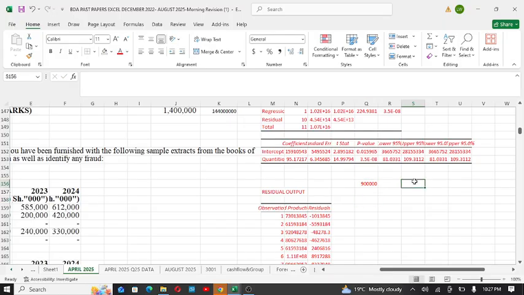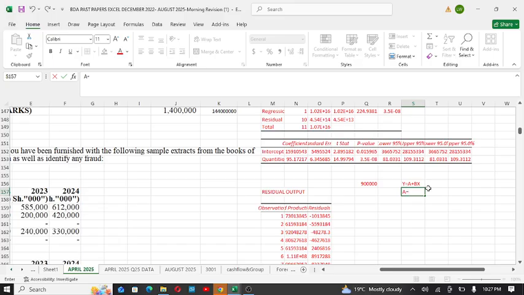So we usually have an equation where y is equivalent to a plus bx, whereby we have our a, then we also have our b.